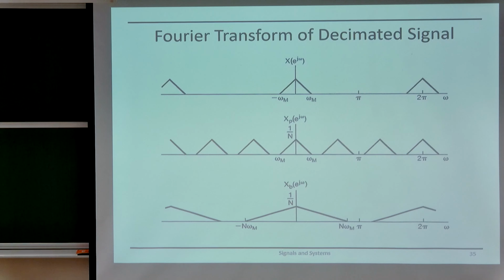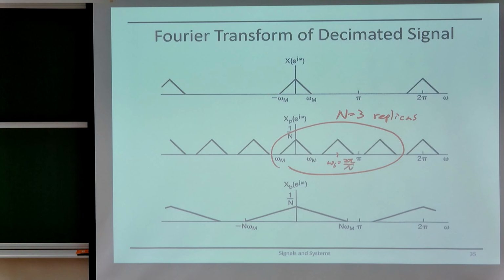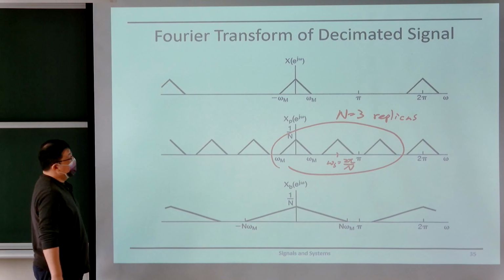Okay? So you can see here that you get N equal to 3 replicas for every 2π, right? Because every one of these is repeated at integer multiples of ωs, that is 2π over capital N.